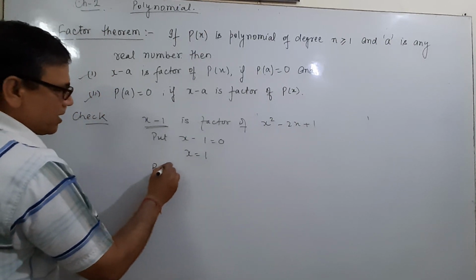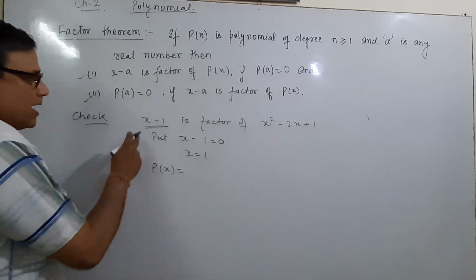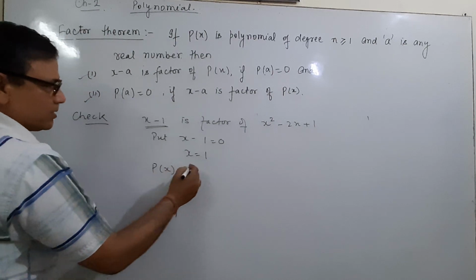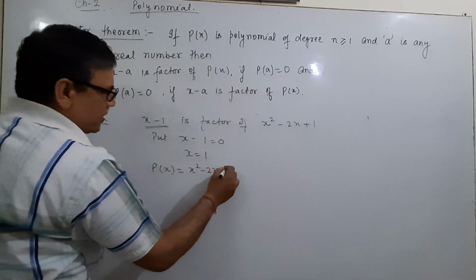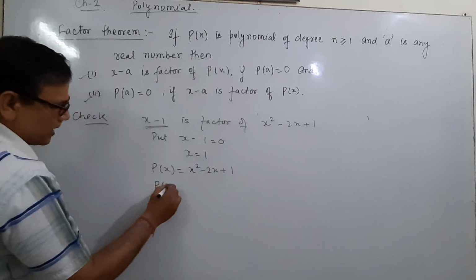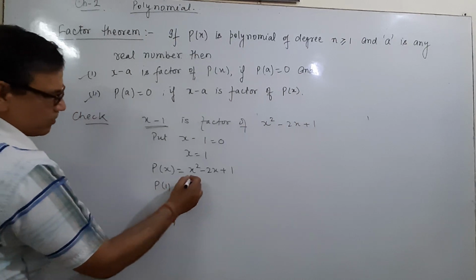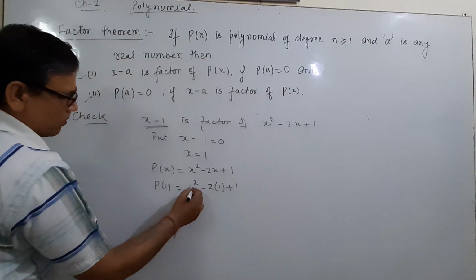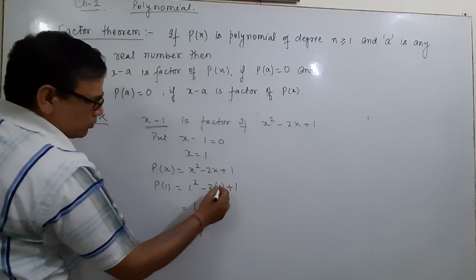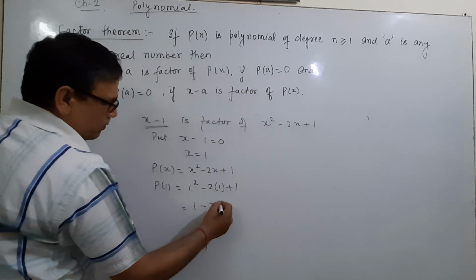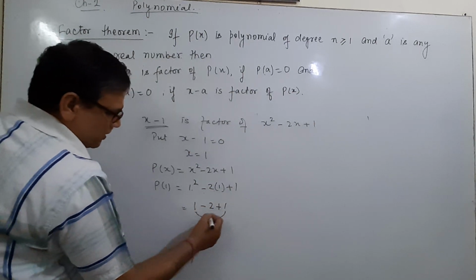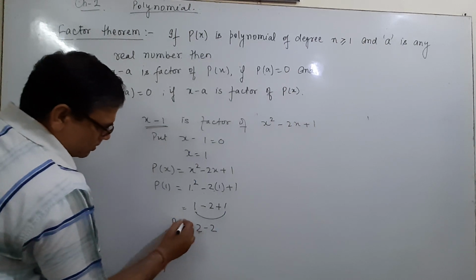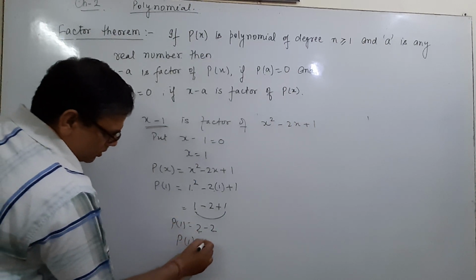Then P(x) at x equal to 1. P(x) is x square minus 2x plus 1. What will we do? Put 1 in place of x: 1 square minus 2 into 1 plus 1. 1 square is 1, minus 2 into 1 is 2, plus 1. 1 plus 1 is 2, minus 2 equal to 0.